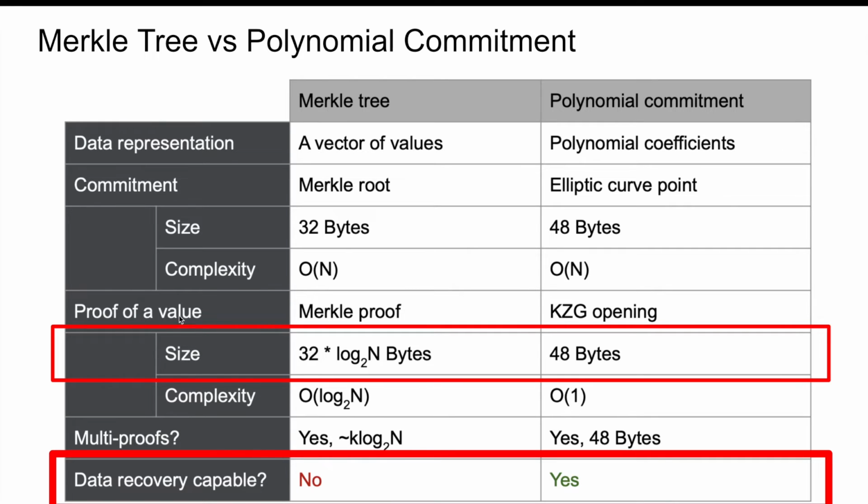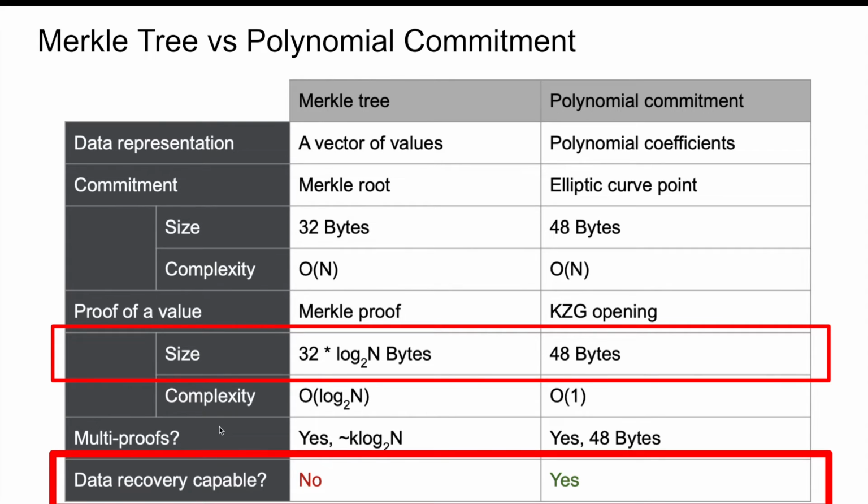Then the proof of value. If you want to prove that a particular chunk of data is part of the overall database, you have to submit a proof, called a Merkle proof in this case, and its size scales with log n, whereas in a polynomial commitment it is a fixed size, 48 bytes.